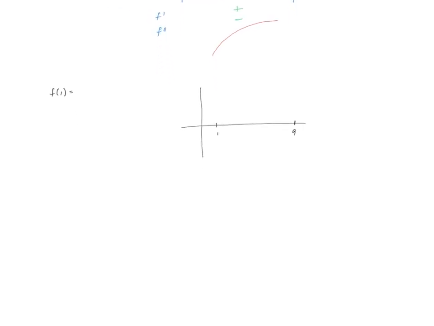So why don't I just pretend that this is negative 2 and positive 2. So 1, negative 2, 9, 2. And my graph is going to be increasing concave up. So let's go ahead and put in some points. All right, so that's it for this section.